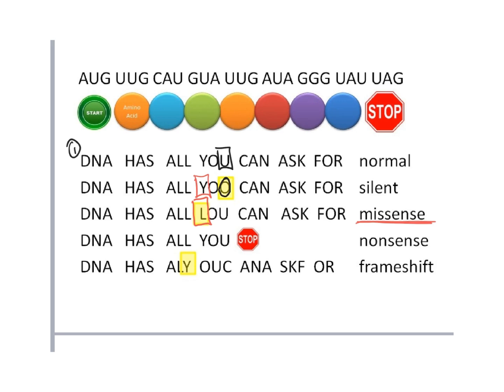In a nonsense mutation, as in this example down here in number 4, this should be a complete sentence. This sentence down here should say DNA has all you can ask for. But perhaps, not AUG, UUG I think is the stop codon.